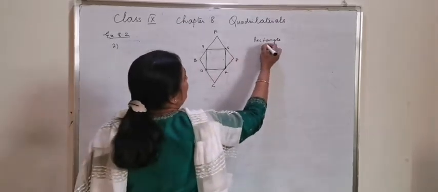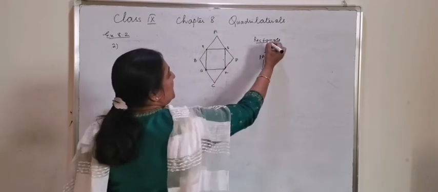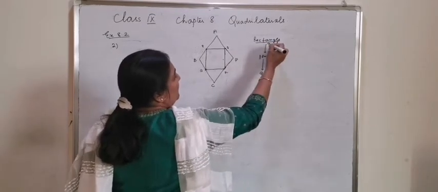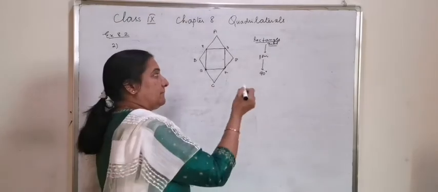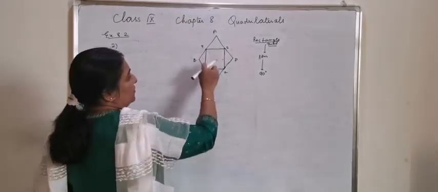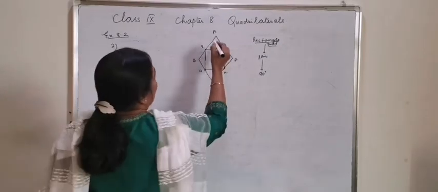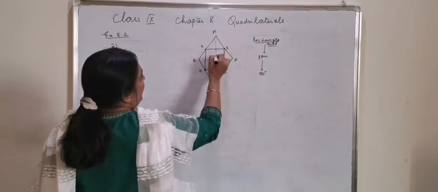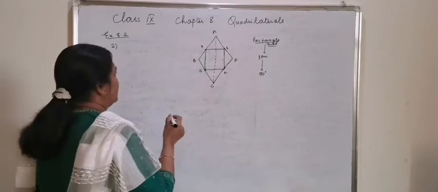Any quadrilateral should become a parallelogram, and then one angle is 90 degree. So first our logic is to prove that PQRS is a parallelogram. For that, join any one diagonal AC.